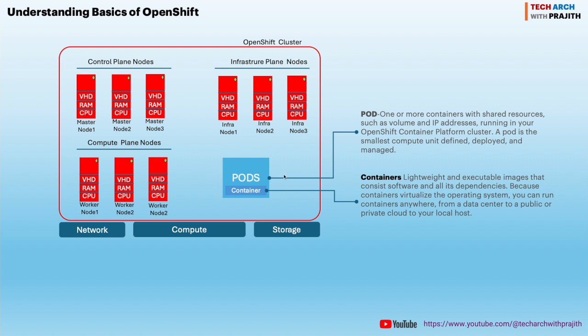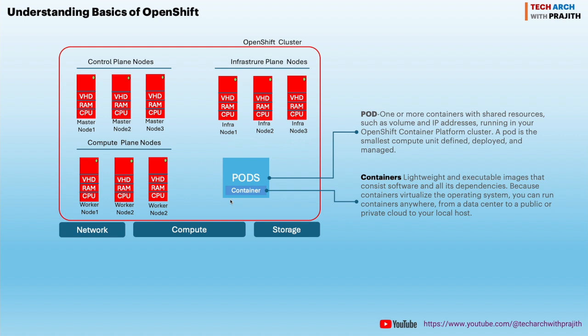That's where the pods come into the picture. A pod is a kind of wrapper around the container, and a pod can have 1 or more containers. Generally, we see 1 container per pod. The pod just provides shared resources such as volumes and IP addresses. The IP address is important.